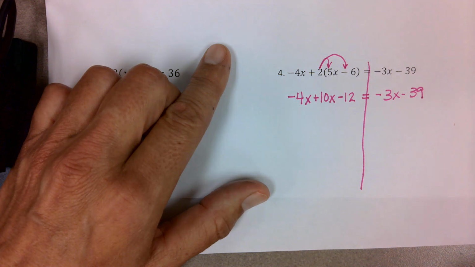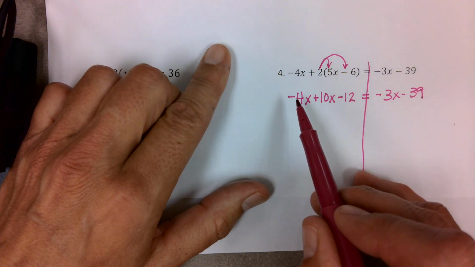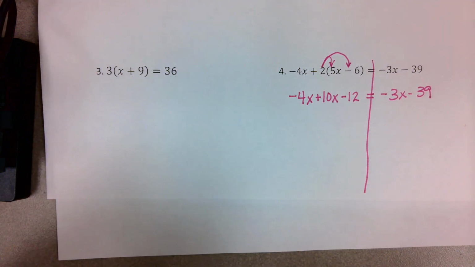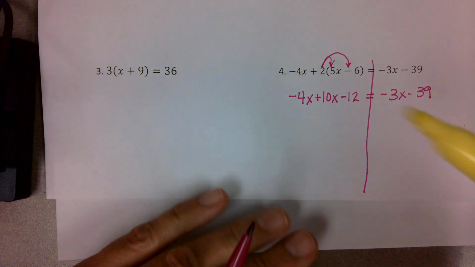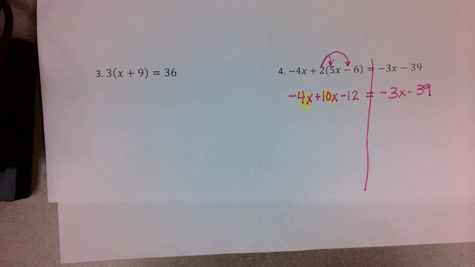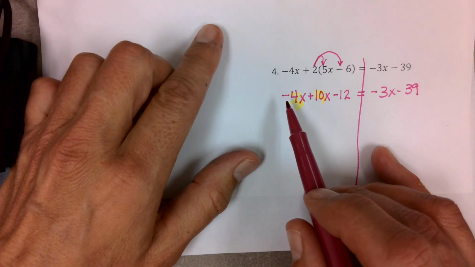Now, I see over here we have 3 terms, and this one is attached to an x, and this one is attached to an x. Those are like terms, so we're going to put those together. We have a 10x and a negative 4x.